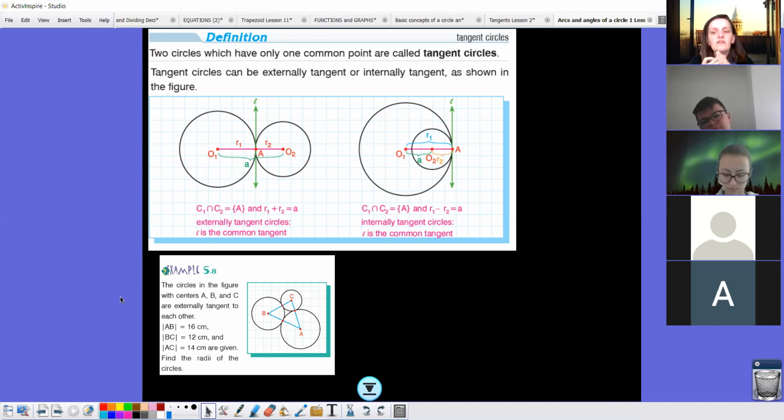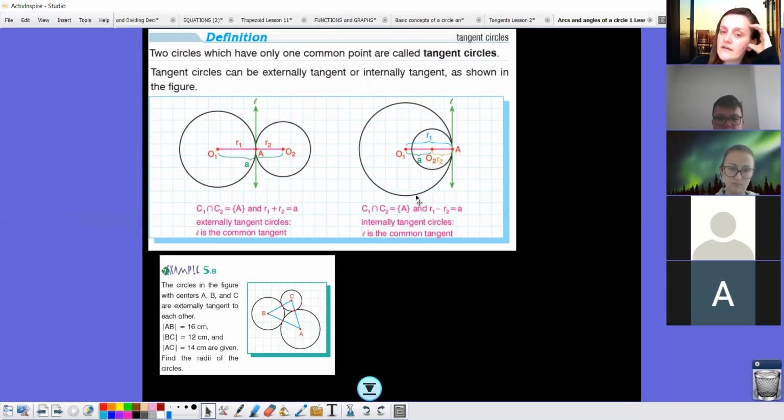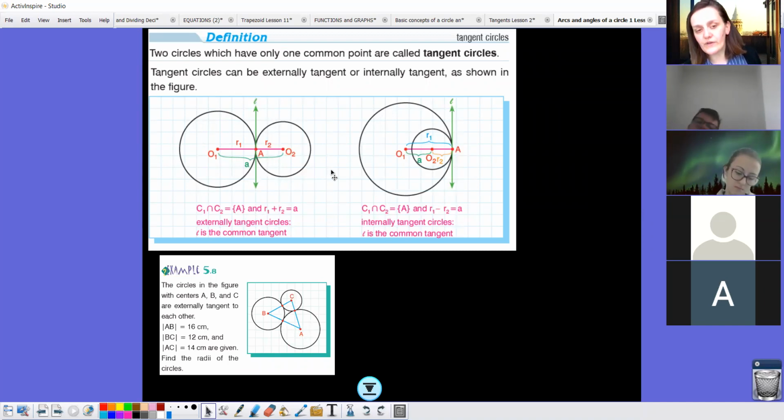We had a tangent line, and we can also have tangent circles. We have two types: externally tangent circles, where both are outside each other, or internally tangent circles, where one circle is inside the other and they intersect in exactly one point.